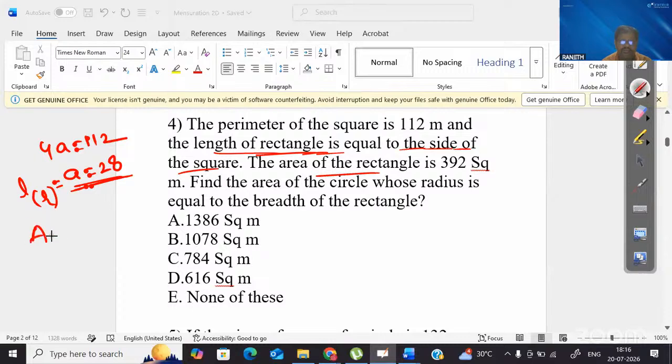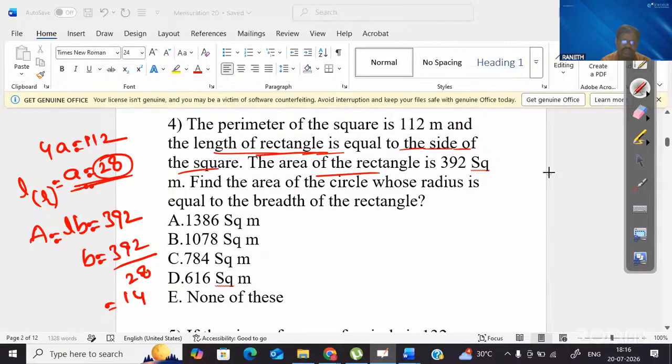What is the area of the rectangle? l into b equal to 392, where l equal to 28, b equal to 392 divided by 28. So do the cancellation, it will be equal to 14. 28 into 14: 14 eights are 112, 14 twos are 28, that is 392.